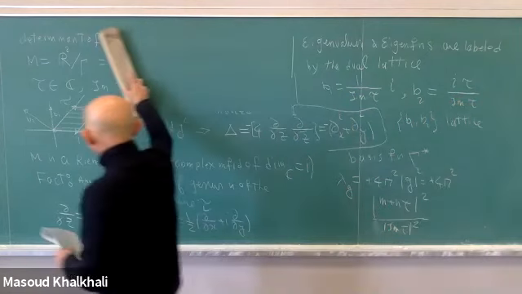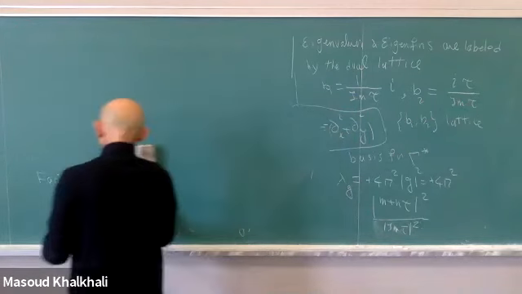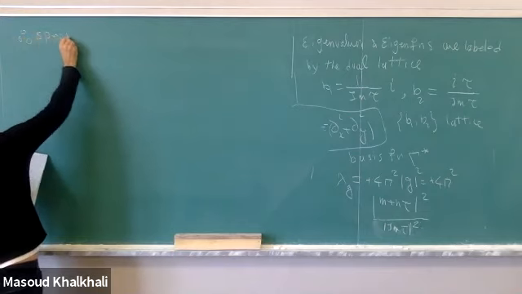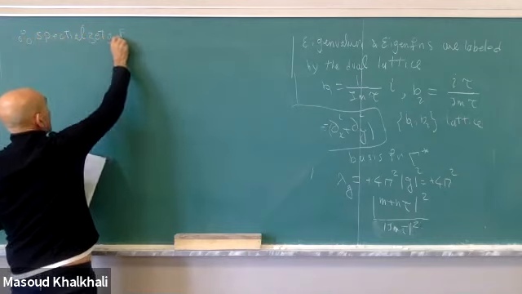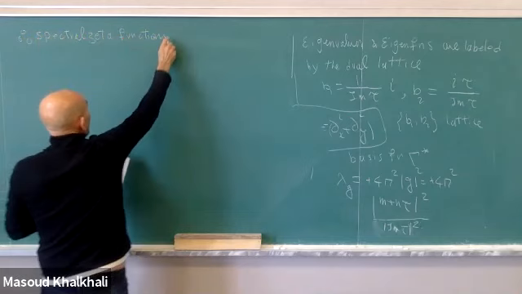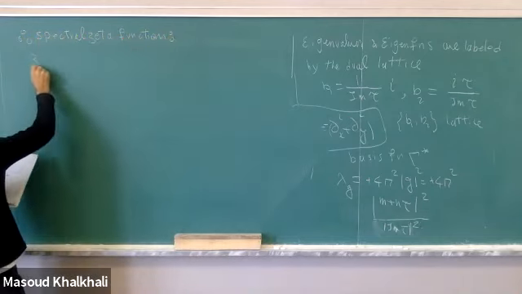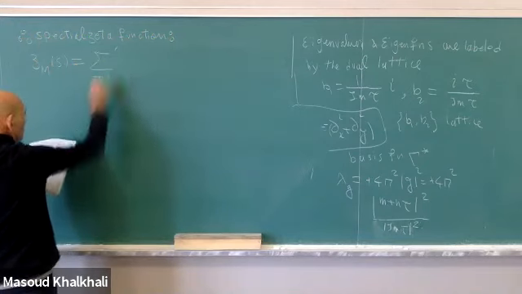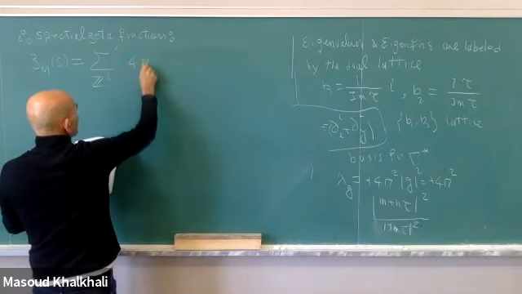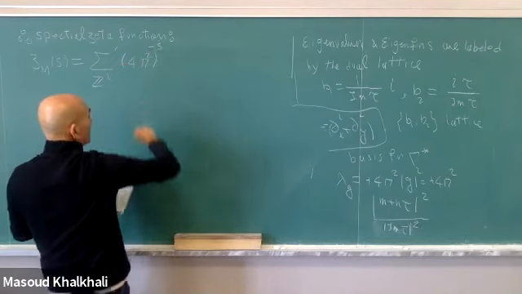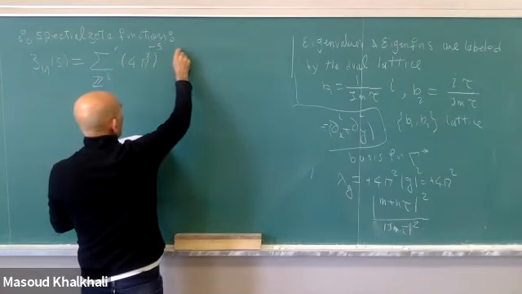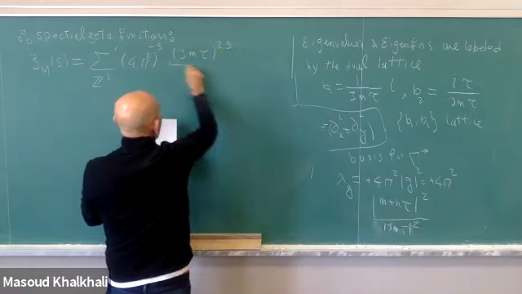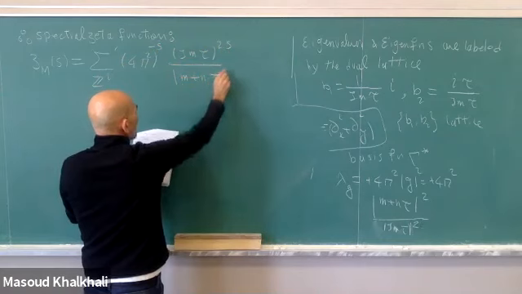So in any case, the spectral zeta function Z(s) is equal to the sum over Z^2 of (4 pi squared) to the power minus s, times the imaginary part of tau to the power 2s, divided by the absolute value of m plus n tau to the power 2s.